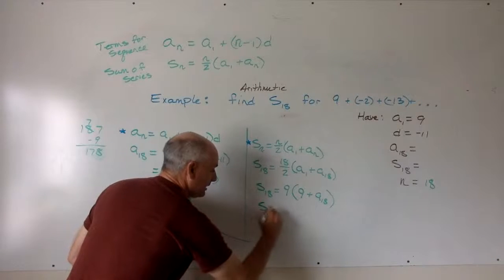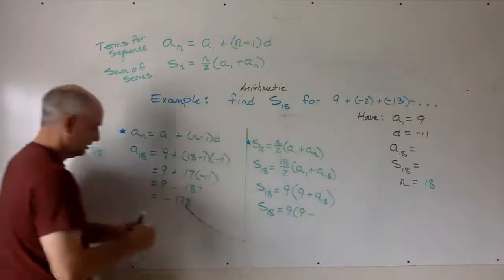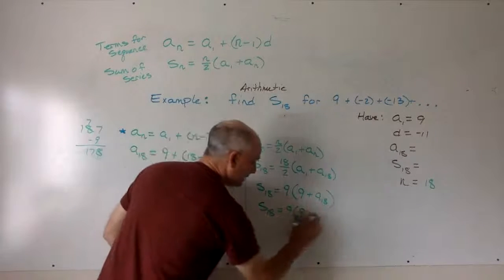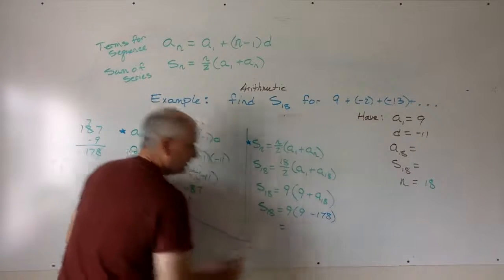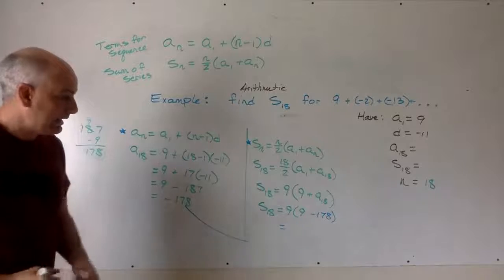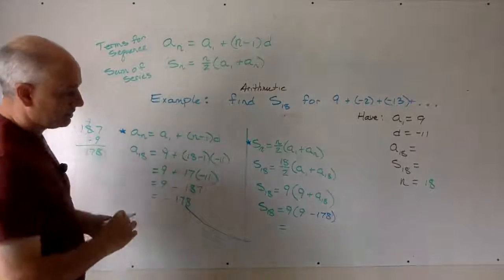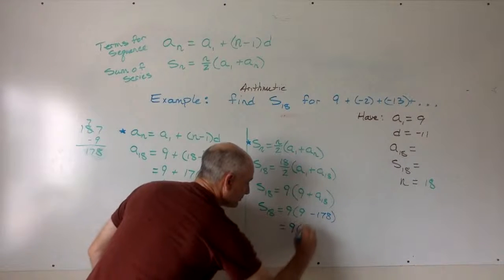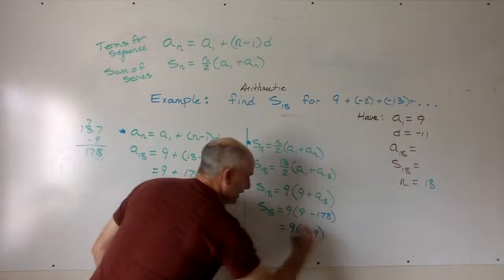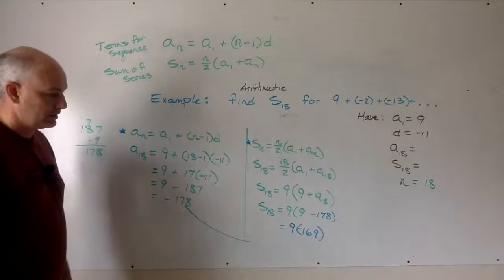So S sub 18 is equal to 9 times 9 minus the 178. So now we're just ready to calculate. So 178 looks like we're going to subtract 9 there, so that's going to be 169, but a negative number. Okay, 18 minus 9 is 9, 169.